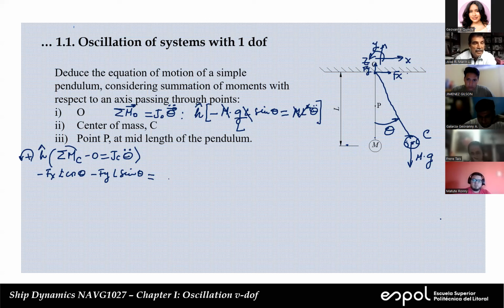And how much is J_C in this case? Ms. Sayo? How much is J sub C in this case?